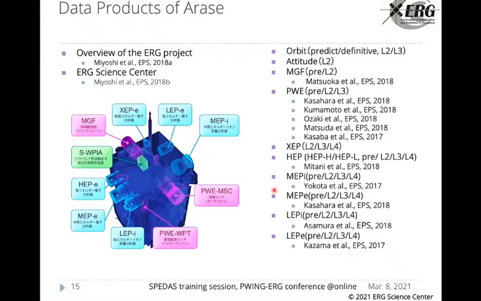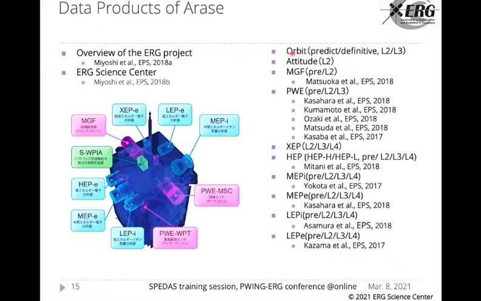And also the ERG satellite provides 9 instrument data, and some of those are listed on the right hand side here.